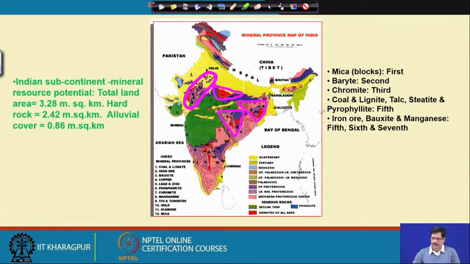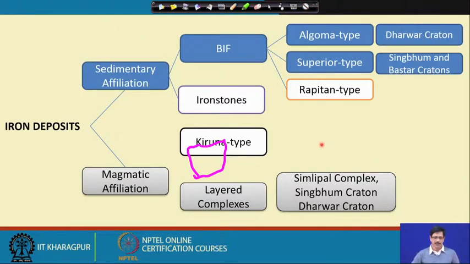And since we are not covering much of the non-metals and the hydrocarbon resources, still as a piece of information, we are also fifth in producing coal and lignite, sixth in iron ore production, and for bauxite and manganese we are sixth and seventh respectively.